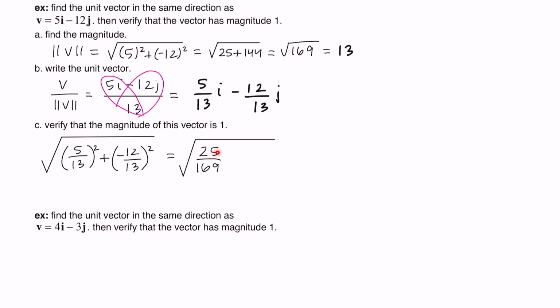So you end up getting 25 over 169, and then we're going to add, and we'll do the same thing to this fraction. Negative 12 squared is going to be 144, and that's divided by 13 squared. And then we'll add this to be one fraction. So you do 25 plus 144, which also makes 169, and this will simplify to be the square root of 1, which is 1. So we found the magnitude of this vector, and we got a length of 1.